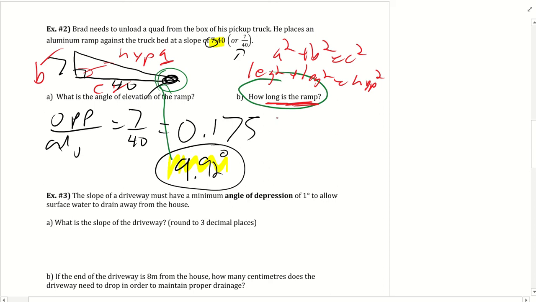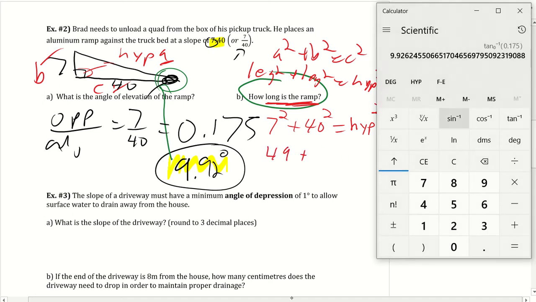So we have one leg is 7, and we're going to square that. And we're going to take the other leg, which is 40, and we're going to square that. And then that's going to give us what our hypotenuse squared is. Remember, we just want to find what the hypotenuse is. So 7 squared, I think that's 49. That's pretty good. 40 squared, I'm going with 160, but I just want to make sure.